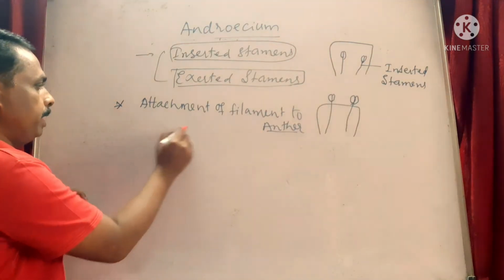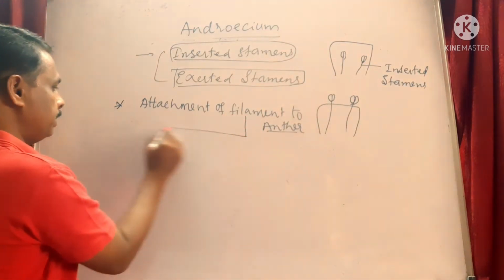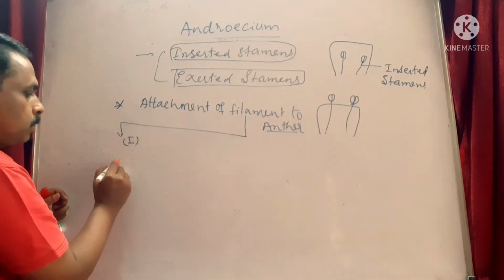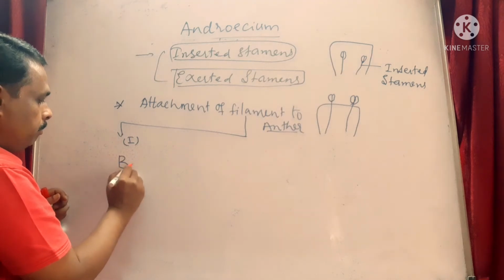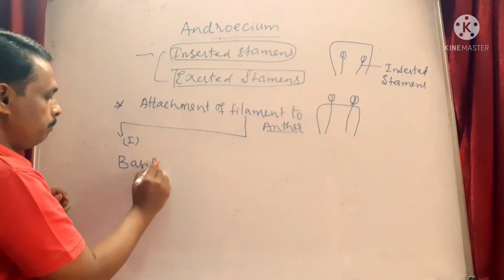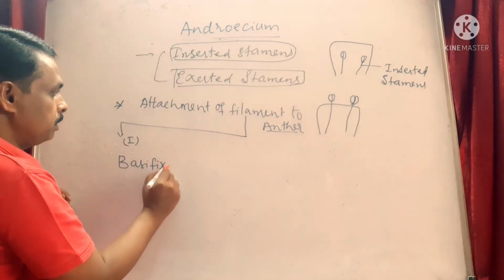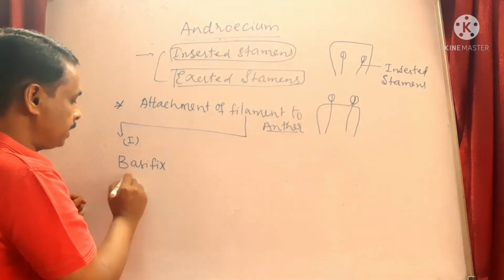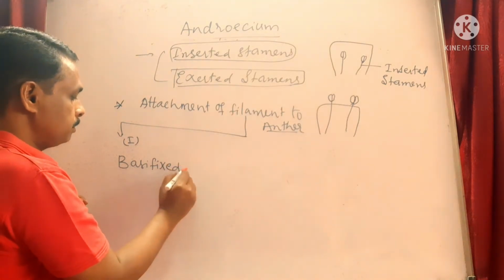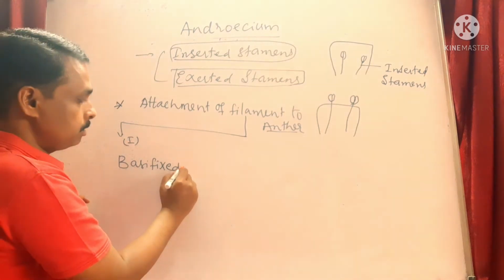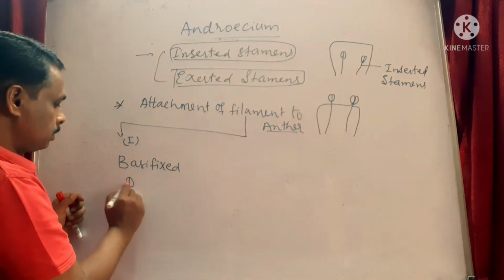The first one is called base-fixed, or basifixed, a type of filament fixation to the anther. We can call them base-fixed stamens. Example, Datura.